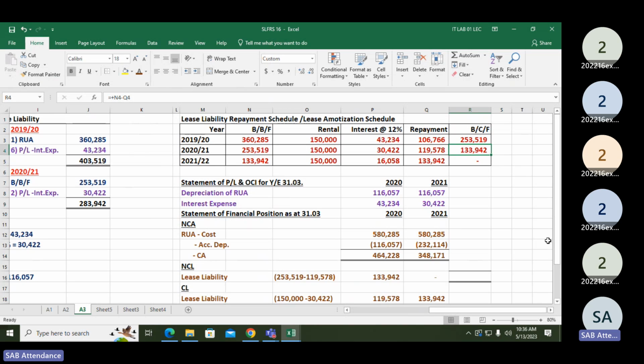So we discussed leases in the books of lessee. Then we will discuss leases in the books of lessor after the break. Right, we'll have a short break. So 10:40, will start at 11.